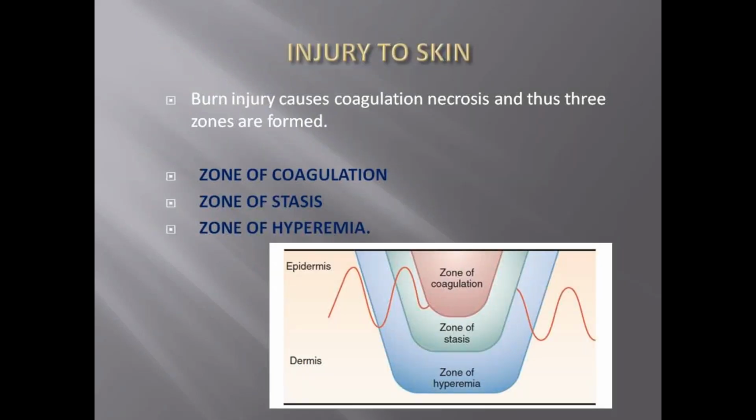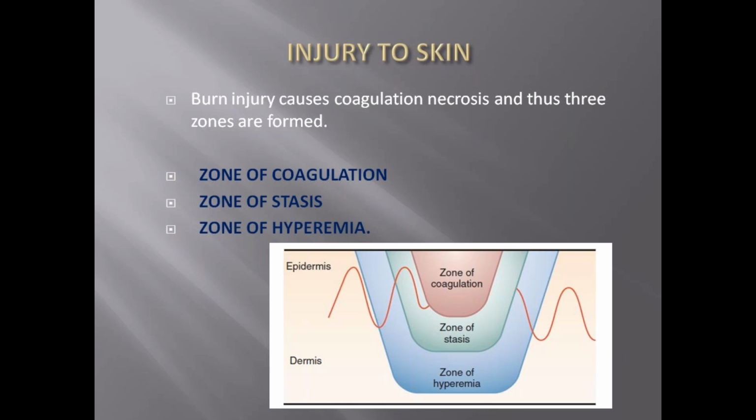So, coming to the injury to the skin, burn injury causes coagulation necrosis, and thus three zones are formed: zone of coagulation, zone of stasis, and zone of hyperemia. The zone of coagulation is where the burn is directly contacted and the tissue is necrotic.